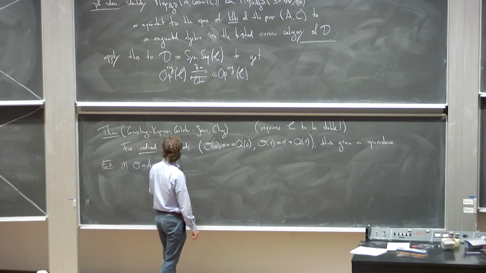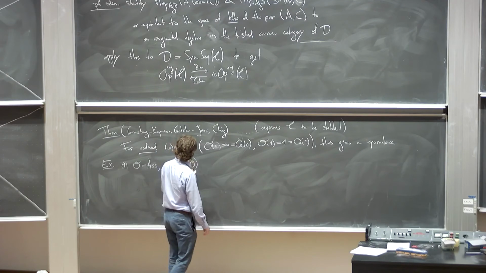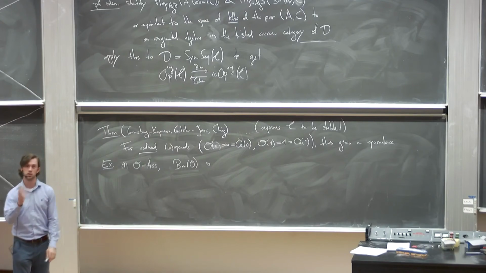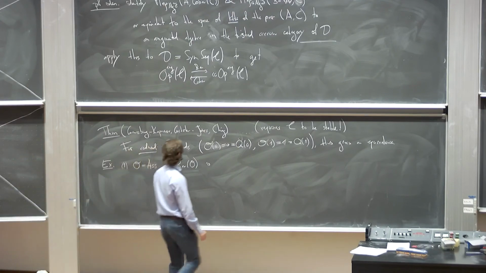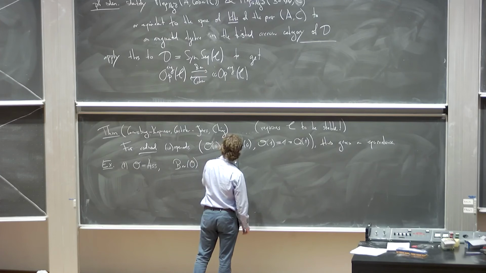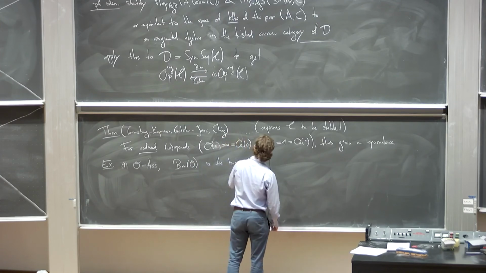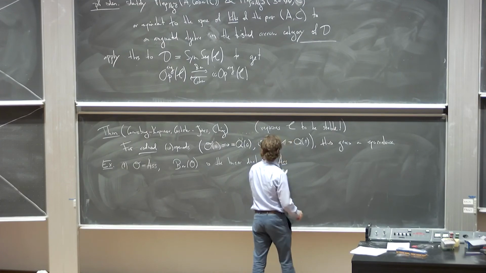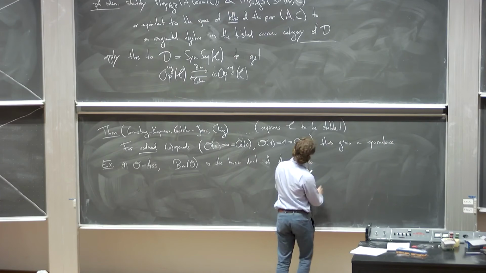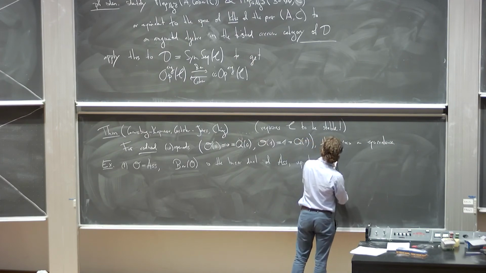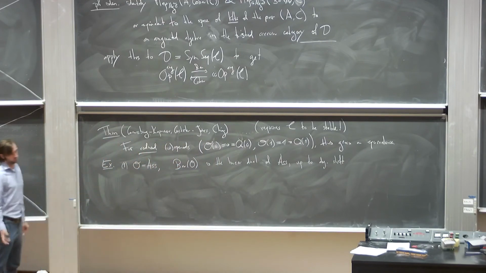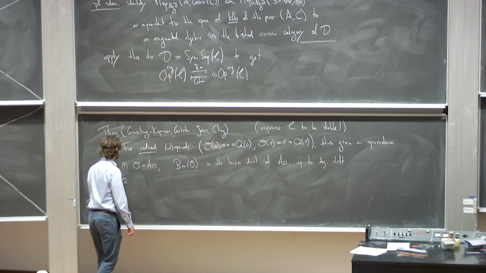If you take this one, then the bar construction of this is essentially the associative cooperad, meaning you just take the linear dual of the associative operad, at least up to a degree shift. There's a degree shift by 1, but let's not be too bothered by that. So this is what people mean when they say the associative operad is self-dual. This is one way to articulate what they mean.